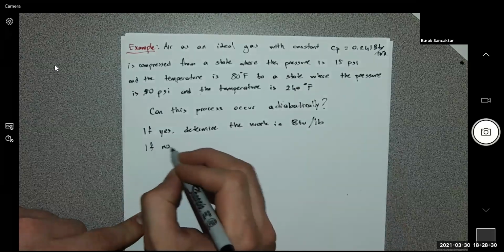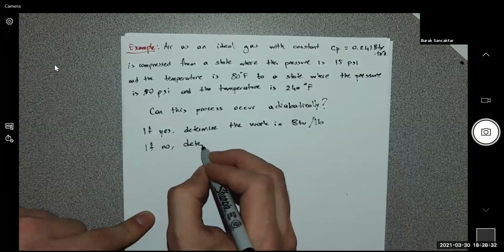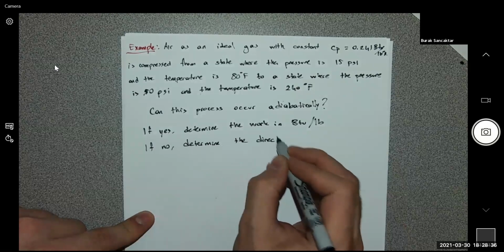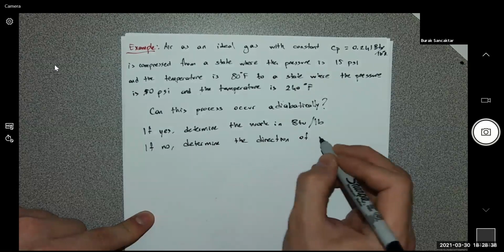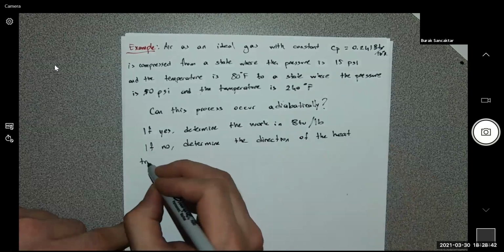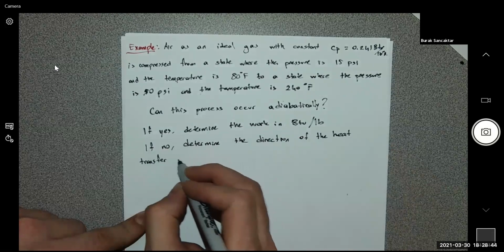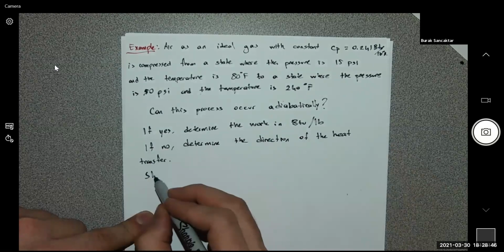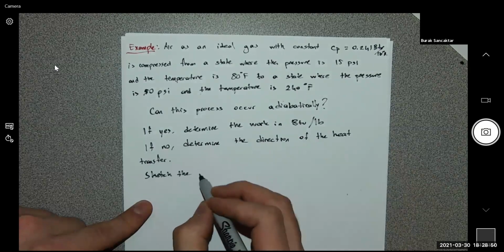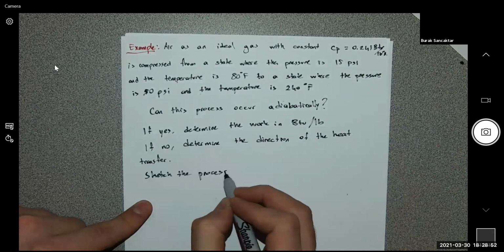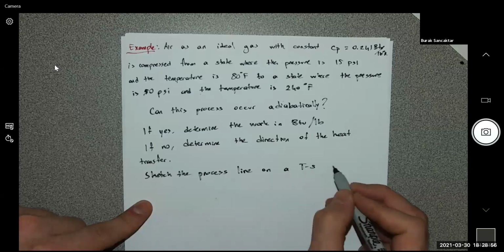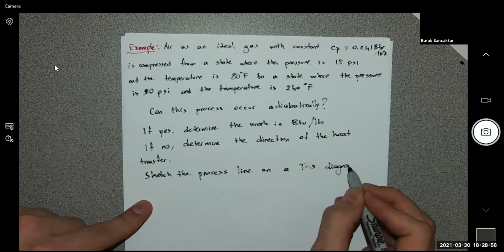If no, determine the direction of the heat transfer. Last but not least, sketch the process line on a TS diagram.